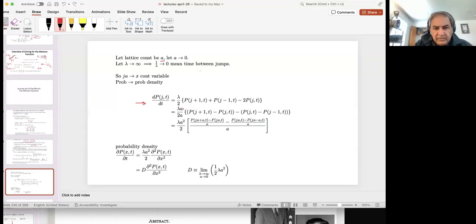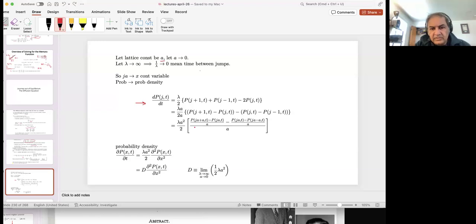We do two things. We introduce an a, which is the lattice constant above and below. Basically, they cancel out. Then what we do is, instead of 1, which is essentially the lattice constant, we call it a. So j now becomes, instead of j times 1, ja. So p of ja plus a minus p of j comma t, and so on.